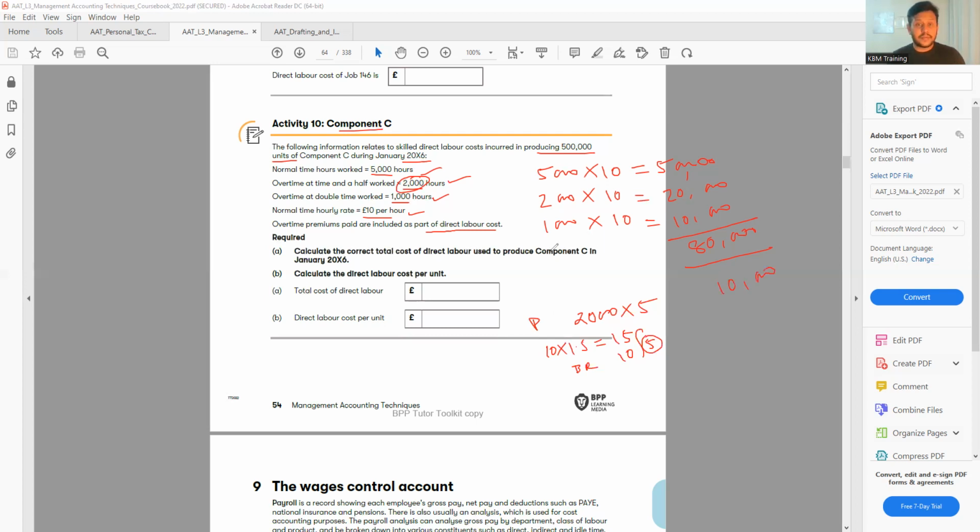How much will be the premium for the next one? I said double. So we have 1,000 times 10, which gives us 10,000. So we have 20,000 here as the premium. Because they said the premium is part of the direct cost, if I add these two, that gives us 100,000.